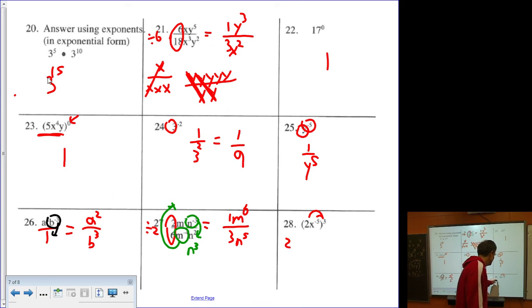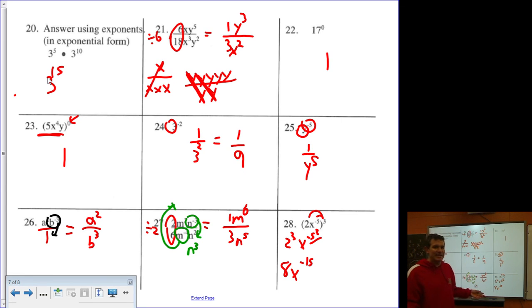That would give me 2 to the third power, x to the -5th to the third power, which gives me 8. 2 to the third power is 8, right? 2 times 2 times 2. And here I would apply the power to a power and get x to the -15th.